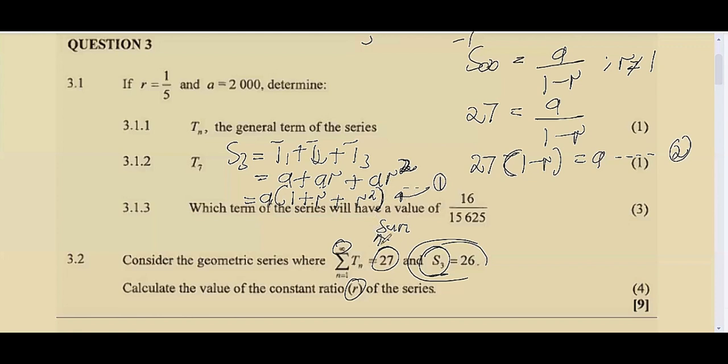So at this point, what can I do? I can substitute this expression here in equation number 1. So substitute equation number 2 into equation number 1. What does this mean? Where I see A, I will substitute this expression 27 bracket 1 minus R. So let's do that.